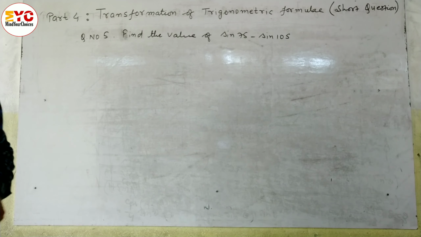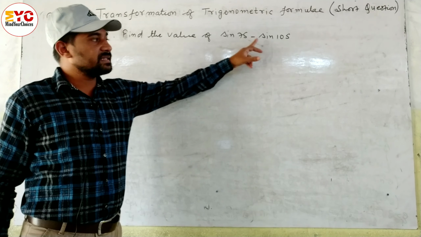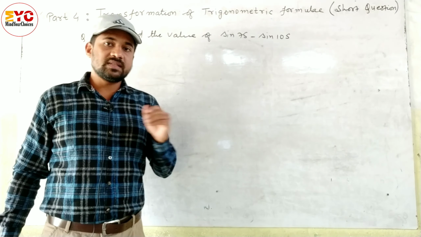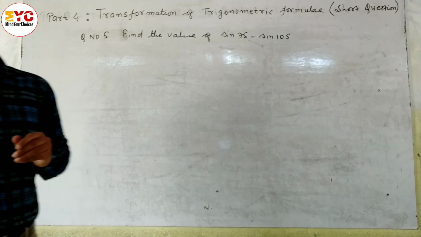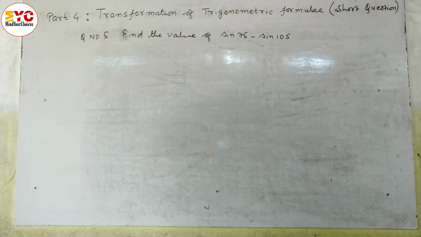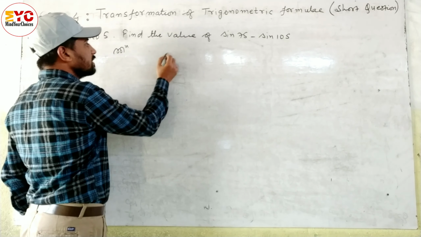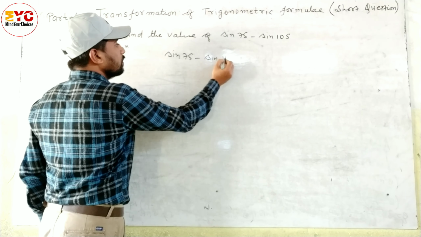What is the formula? This is in the form of sine C minus sine D. And what is the formula of sine C minus sine D? 2 cos (C plus D) by 2 sine (C minus D) by 2. So we have to use the same formula here. Solution here: given sine 75 minus sine 105.